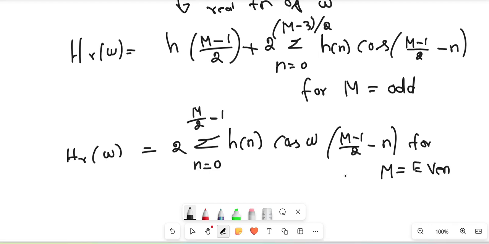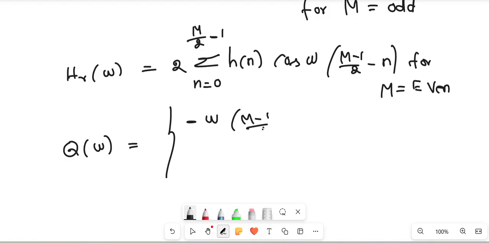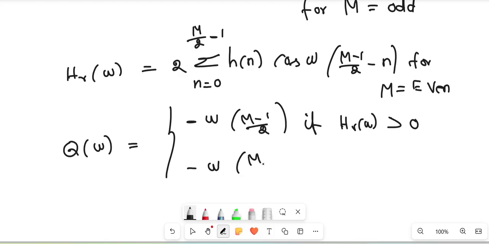For both, the phase theta of omega is the same for M odd and even, which is minus omega (M minus 1) by 2 if Hr of omega is greater than 0, and minus omega (M minus 1) by 2 plus pi if Hr of omega is less than 0.